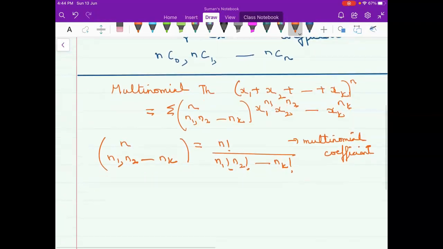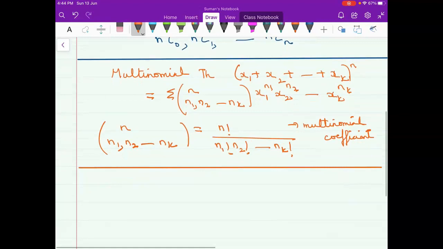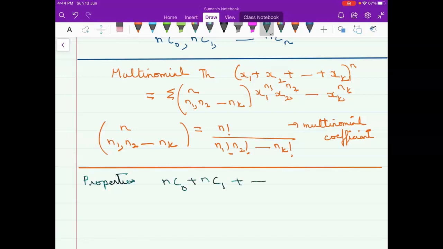So I hope this is clear to you. We will do a few properties of binomial coefficients first. So I would start with the first property, that is NC0 plus NC1 up to NCn is 2 raised to n. This is the first property. To prove this, you just take x plus y raised to n.